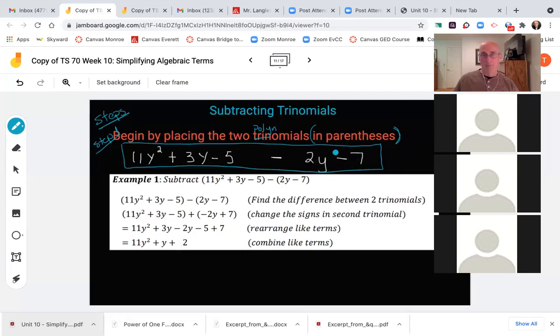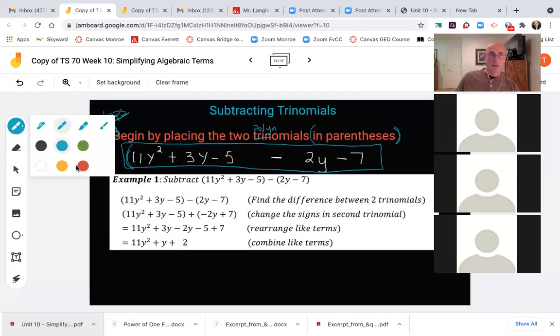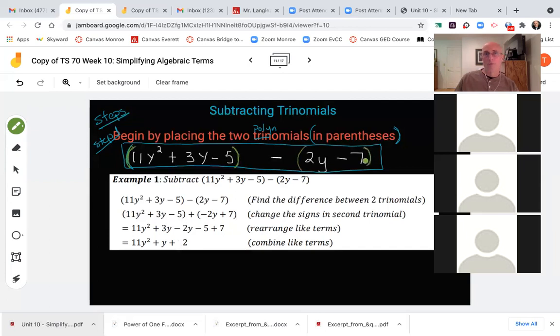It's a binomial. So the first thing you should do is place them in parentheses, so you can clearly see in your mind that this here is a polynomial. It's one. And then you're subtracting this binomial, which is a polynomial, from it. So that's step one, is to put it in parentheses.